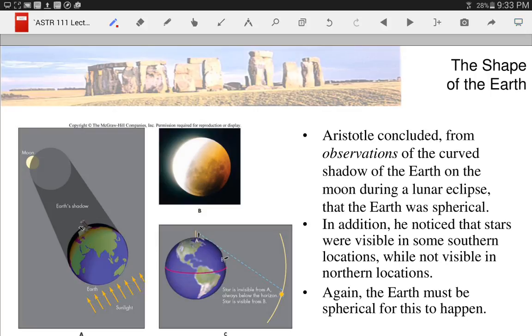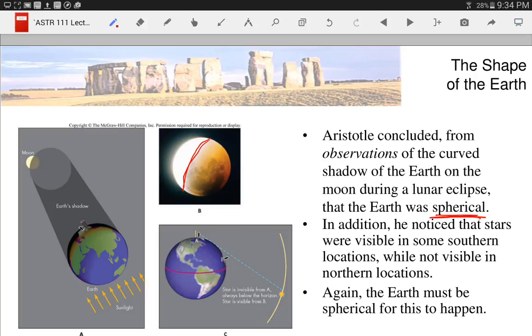So we go back to Aristotle, who lived over 300 years before Christ, and he concluded that the Earth has a spherical shape. How did he determine that? He looked at the shadow of the Earth on the moon during an eclipse and saw, hey, there's some curvature to that.